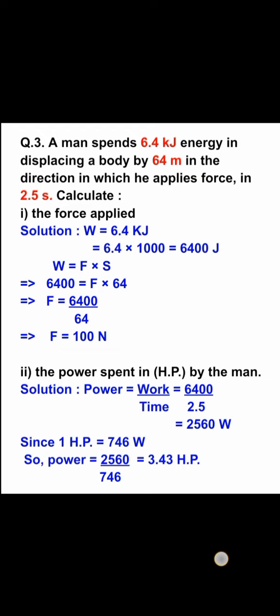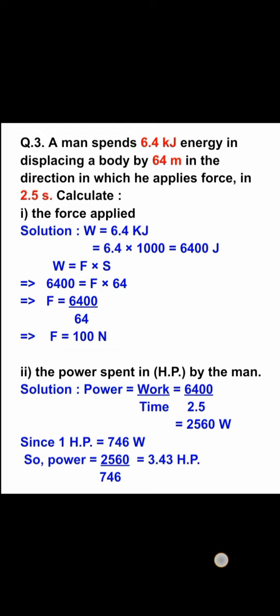If you go to the theory part, you'll understand that energy is only measured by the amount of work done. So W equals 6.4 kilojoule and this is not in SI unit. So 1 kilojoule equals 1000 joule. That is why 6.4 into 1000 equals 6400 joule.